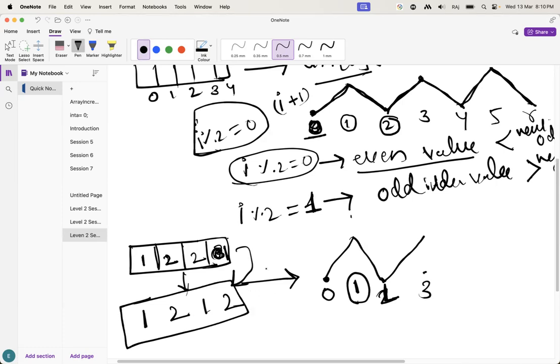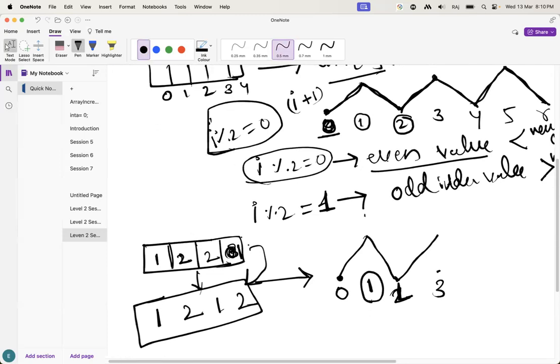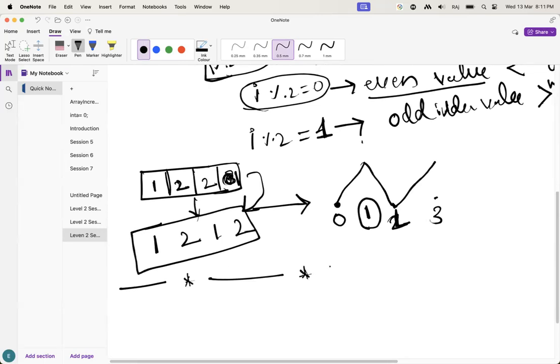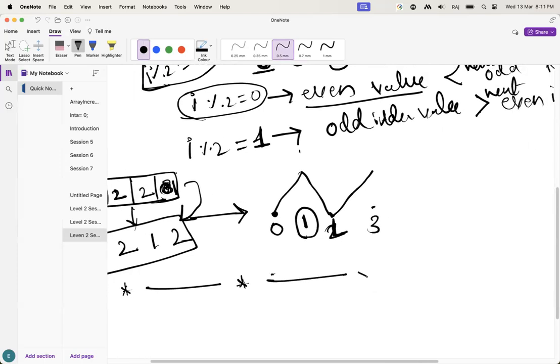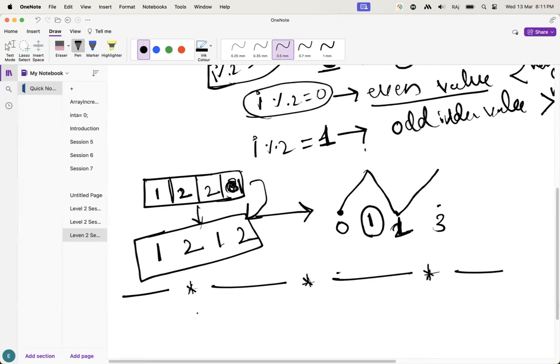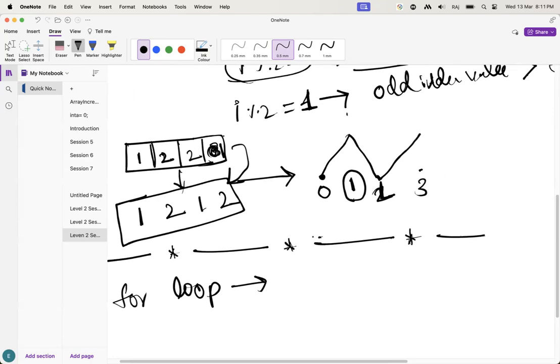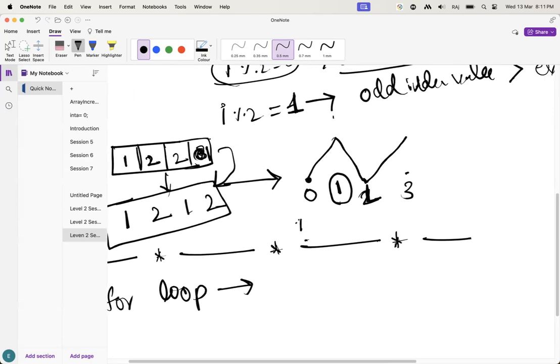Guys, actually these wiggle sorts are of two types, and those who are practicing on LeetCode might know about this. Okay, guys. How are we going to implement this one? Guys, this is also part of the two pointers, but here I am going to take only one for loop. Why, guys? Because the first element and the next element are adjacent to each other.